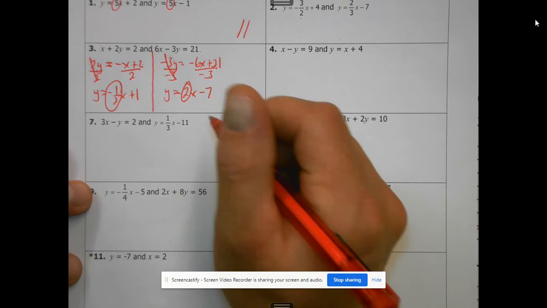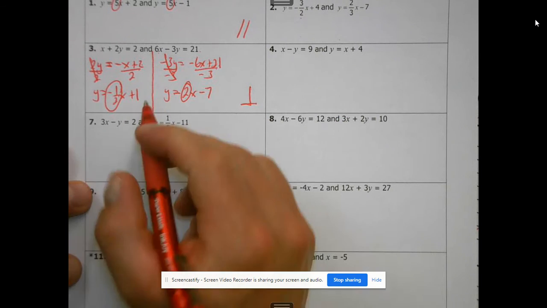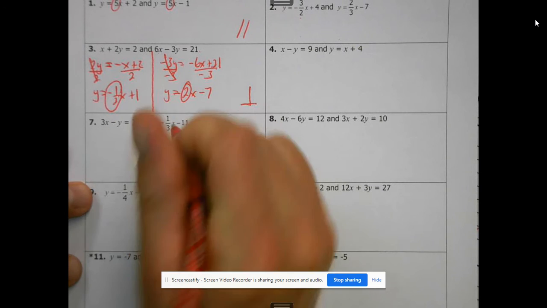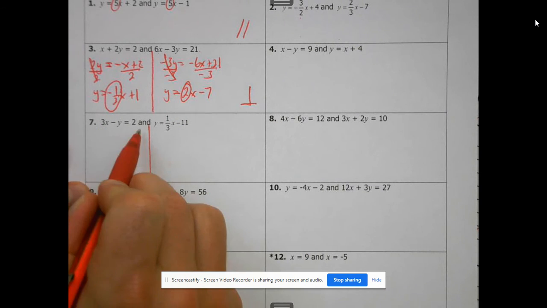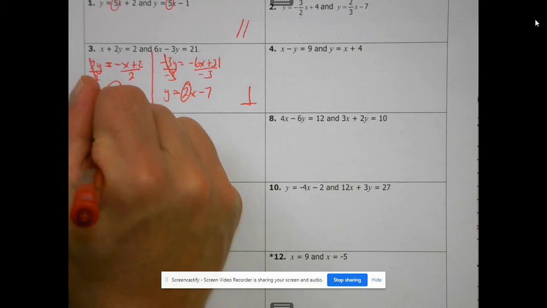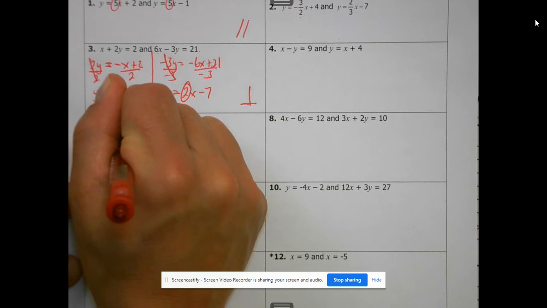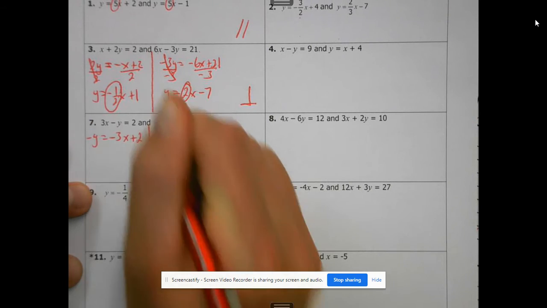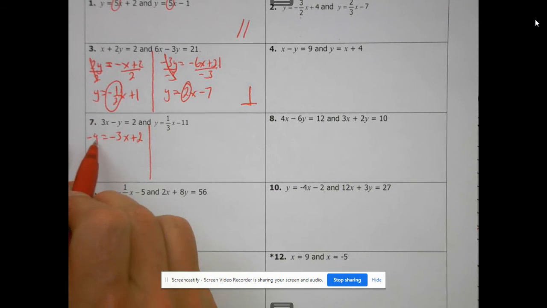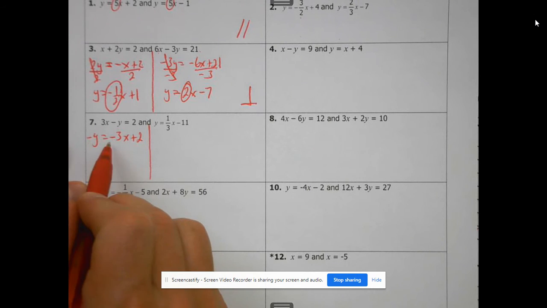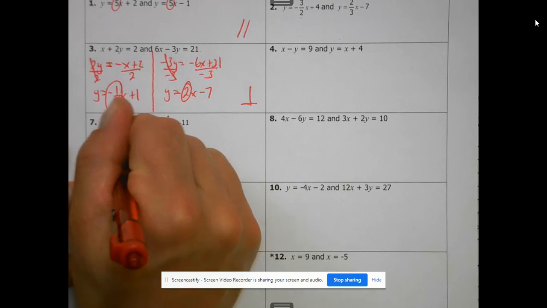Number 7, once again, we need to solve for y on this one over here. First step, subtract the 3x over. Negative y equals negative 3x plus 2. Divide both sides by negative 1, or you can multiply both sides by negative 1.